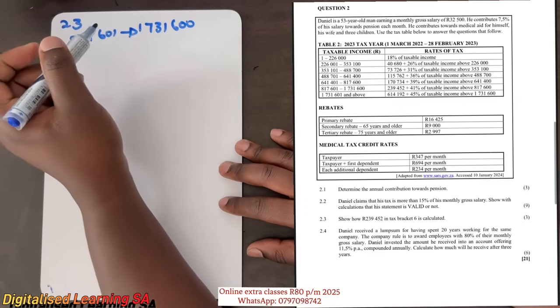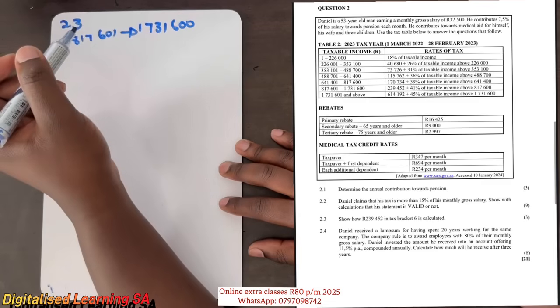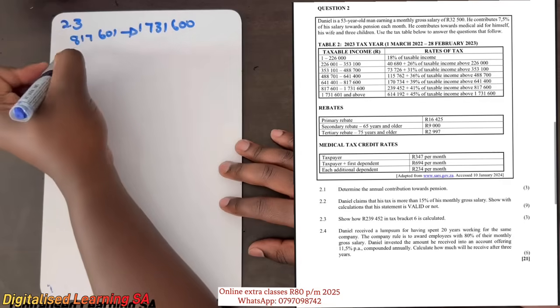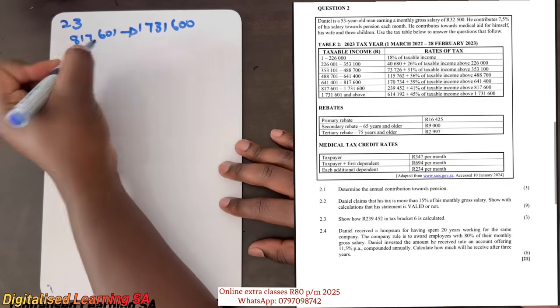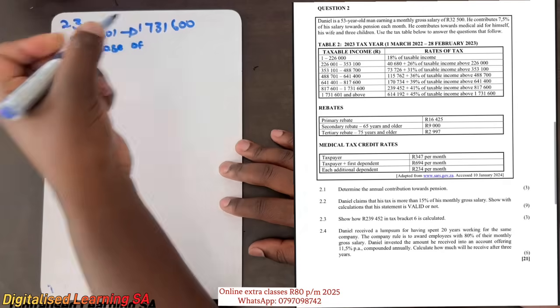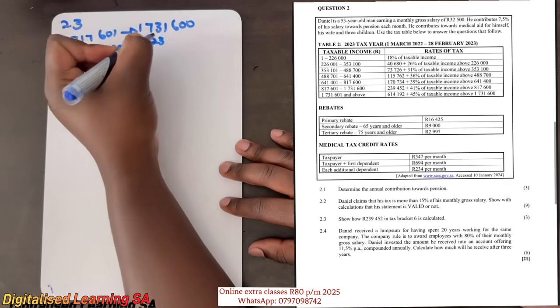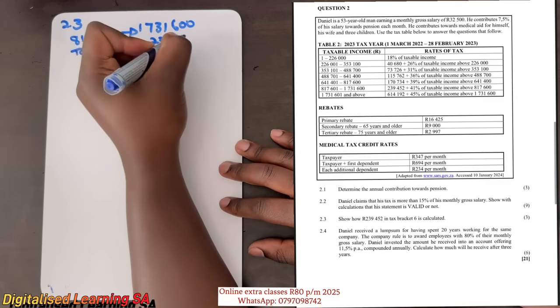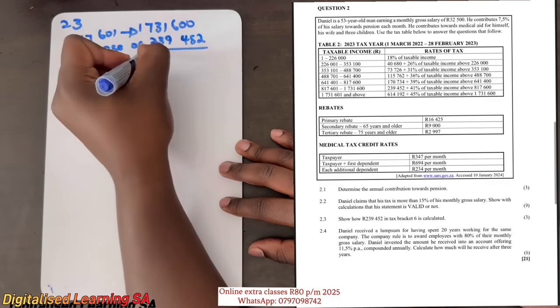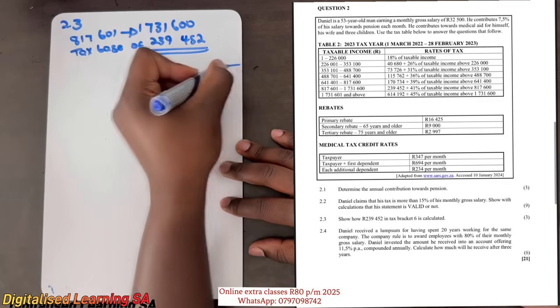Okay, so we are asked to show how the tax base of 239,452 is calculated. So we need to show how this is calculated.